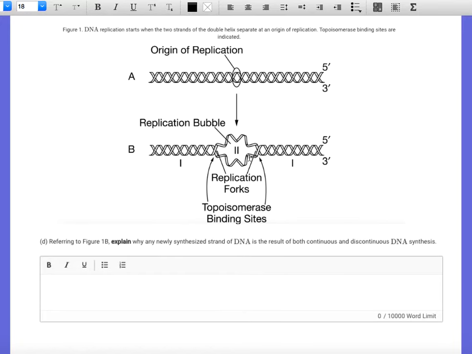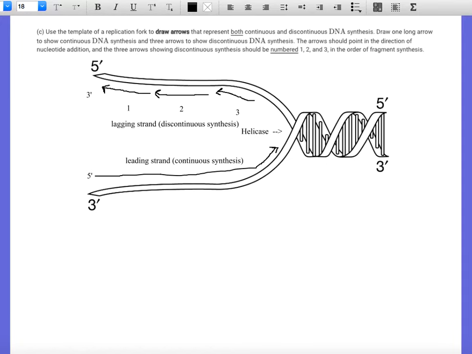Because you got to remember that looking at this, right, it just depends on which way the helicase is going, right? Because it's not going to change. Like this whole thing is going to be 3 prime over here to 5 prime over here, right? This strand is going to be 5 prime to 3 prime.